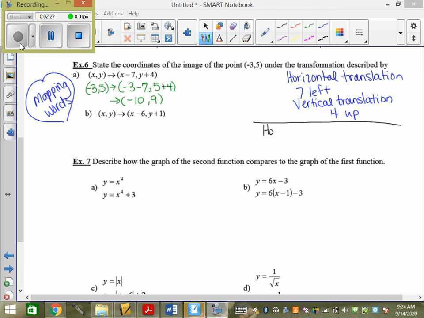This one, we have a horizontal translation 6 left, and a vertical translation 1 up.